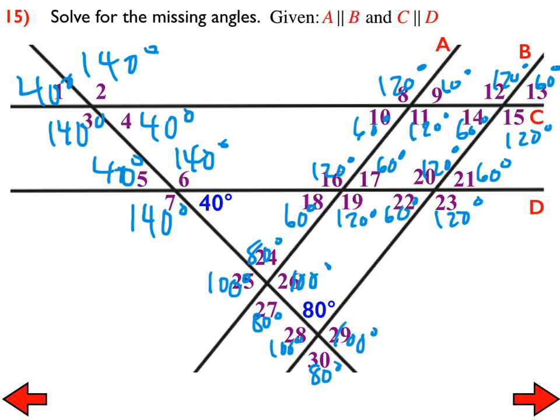So you should have done lots of supplementary stuff, lots of vertical angle stuff. You had a triangle in the middle there that you could have used the triangle sum theorem. You could have used some alternate interior, some alternate exterior, some same side interior, which I used quite a bit in that problem, and so on. Any questions about number 15?